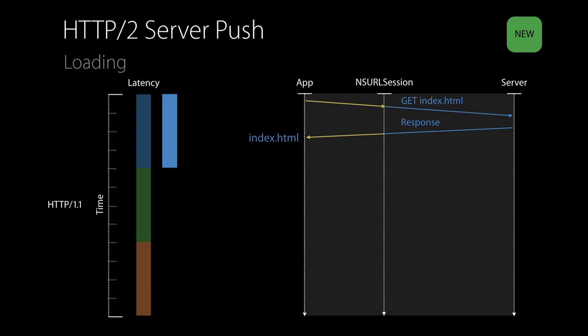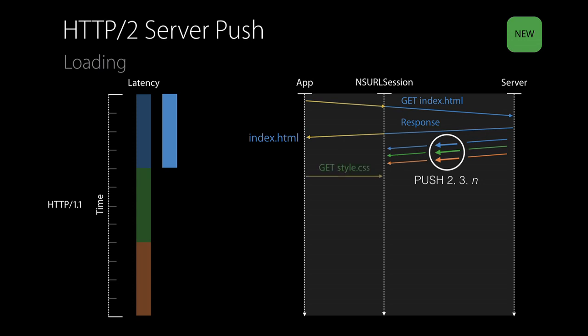That's expected. What will happen, however, is that concurrently to our response for the original request, the server will push other resources to NSURLSession. Now, this comes along with the response from the original request.